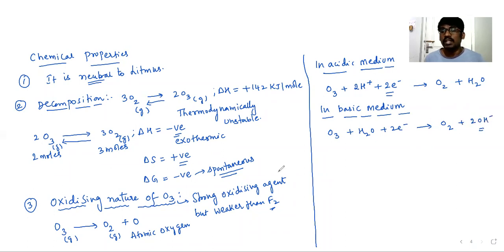This reaction can be given in a basic medium, but most of the reactions take place in acidic medium, right? If it is in basic medium, this reaction should be used. If it is in acidic medium, this reaction must be used. But in both of these reactions, O3 is converting into O2, and the remaining atomic oxygen is responsible for the oxidizing behavior of ozone.